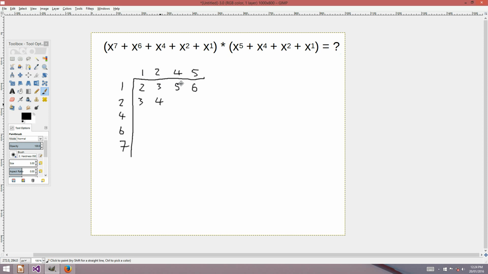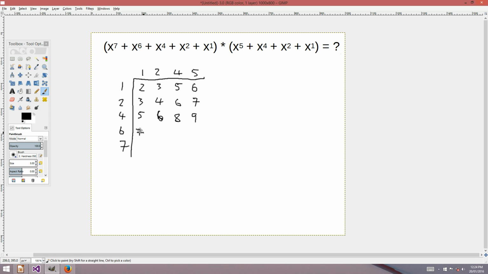You see, I'm just adding the numbers here, the row and the column. We're figuring out exactly the same thing as we did before without all the x's and the pluses. 2 plus 4 is 6, 2 plus 5 is 7, 4 plus 1 is 5, 4 plus 2 is 6. 4 plus 4 is 8, and 4 plus 5 is 9.